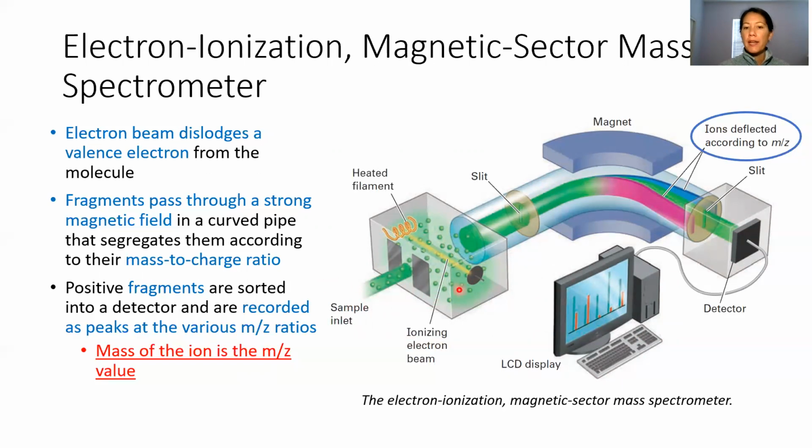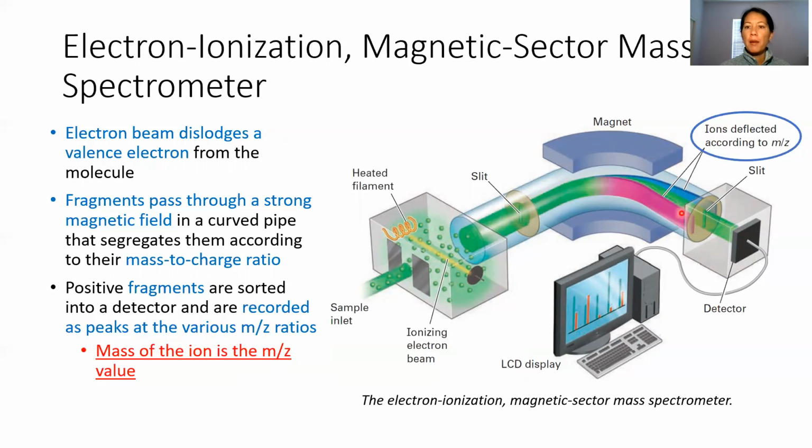Once it enters into the mass spec, basically there's this ionizing electron beam. This electron beam is going to dislodge an electron, a valence electron, from your organic molecule. That's going to create your cation radical. But this is high energy, so that molecule can fragment. And the fragments that are also cation radicals will go through a slit here and proceed in this bent portion here.